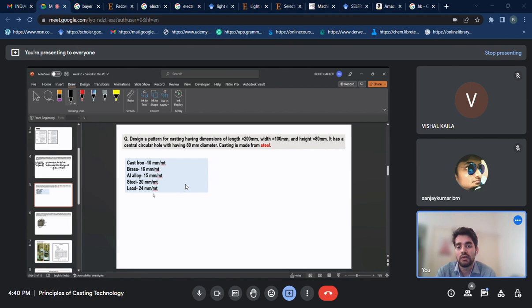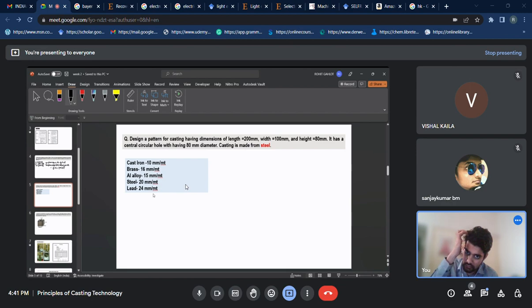So why is it 1,000? It is given that these are the standard values, after experimentation. It is 1000 because it is given as 20 mm per meter, right? For 1 meter length of the steel cast or ingot, you will have 20 mm of shrinkage. So you need to make your pattern bigger to compensate for that shrinkage.